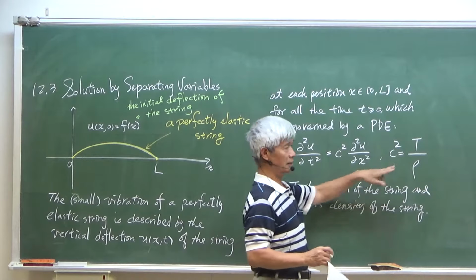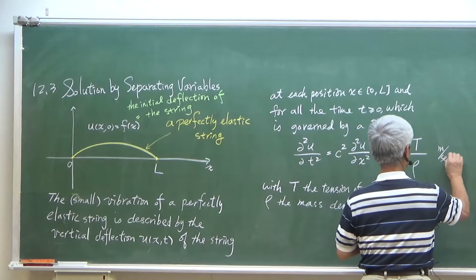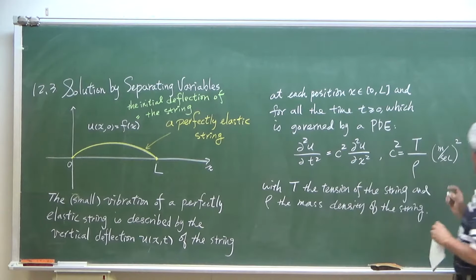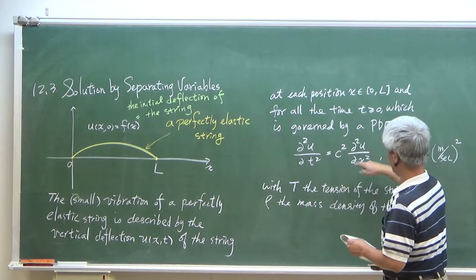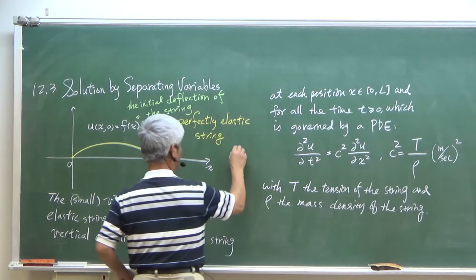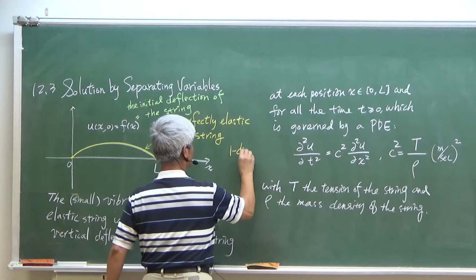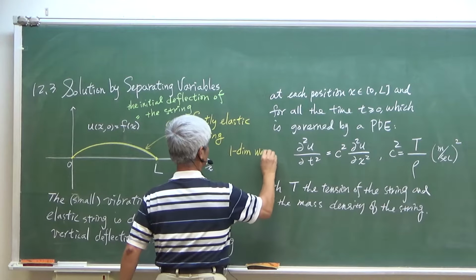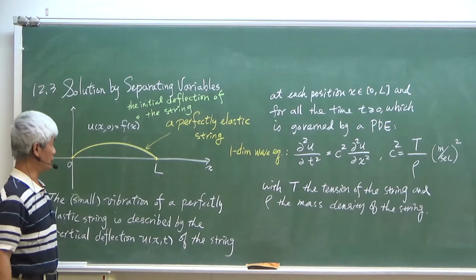And so you will see c has the dimension of speed. The dimension is meters per second, and take the square. So c itself has the dimension of speed. And we know this is the one-dimensional wave equation.